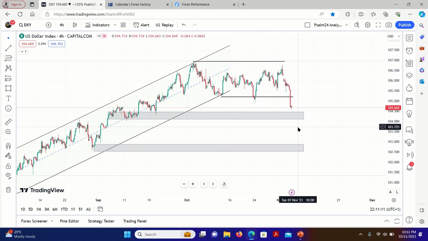So what we are to expect is a further bearish move to the downside.